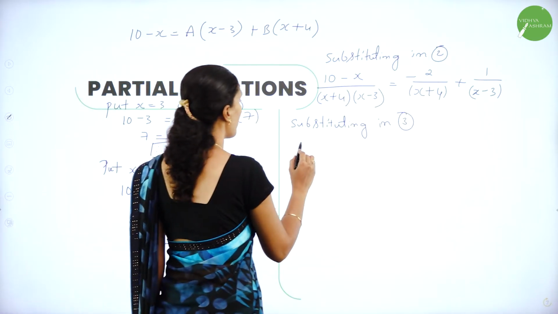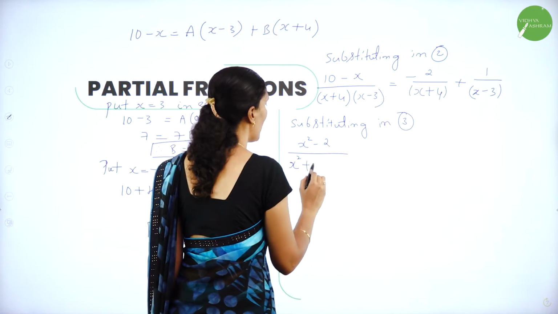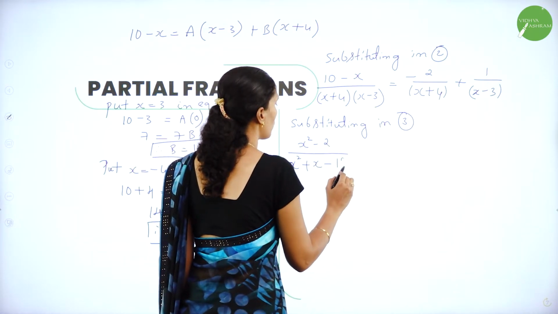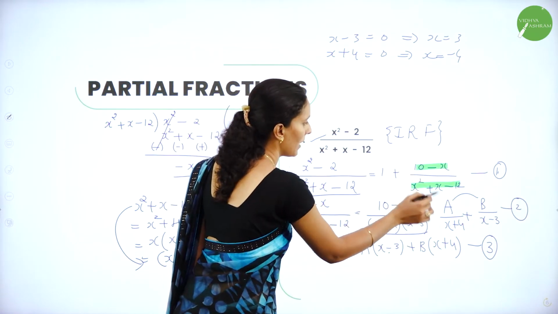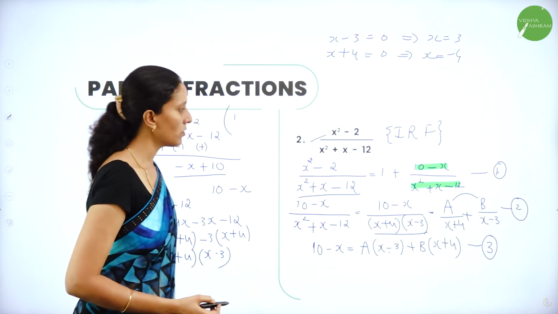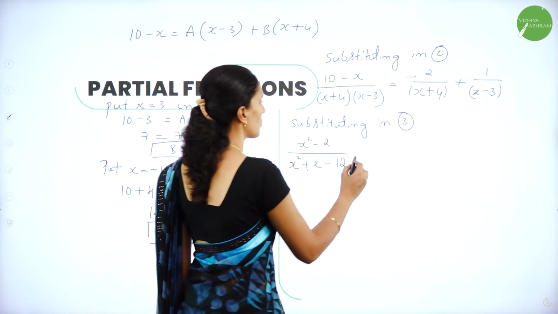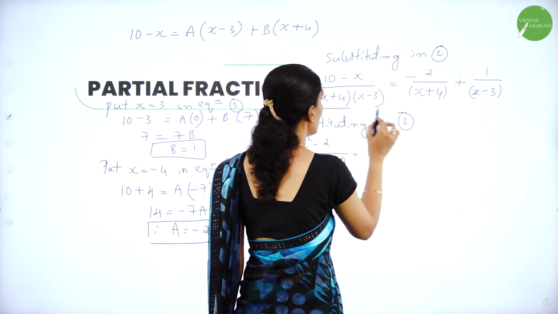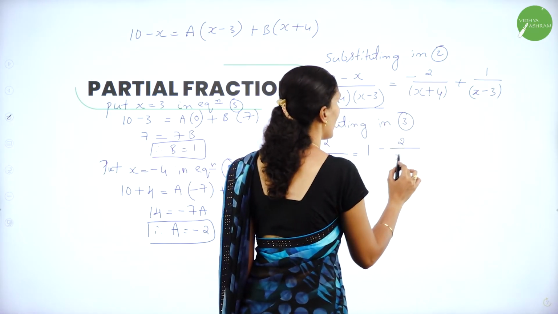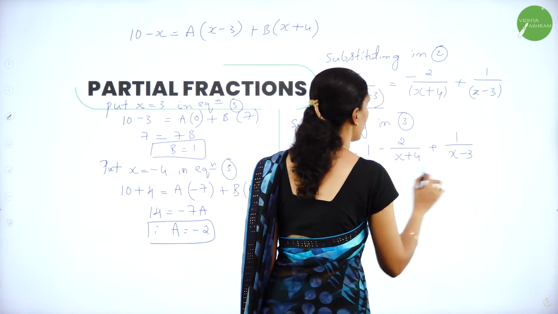That is (x square minus 2) divided by (x square plus x minus 12). Now already we have 1 plus, just replace with the a and b values we got in equation 2. So therefore we will get 1 plus minus 2 by x plus 4 plus 1 divided by x minus 3.